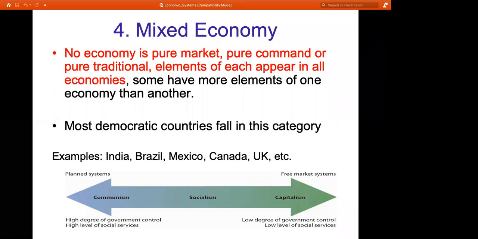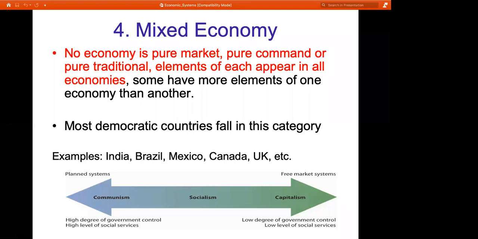Under pure command, we say China is a purely socialistic economy, but if you see clearly, China is a pseudo capitalist. Their policies are mostly capitalistic policies, but they label them as socialistic policies.